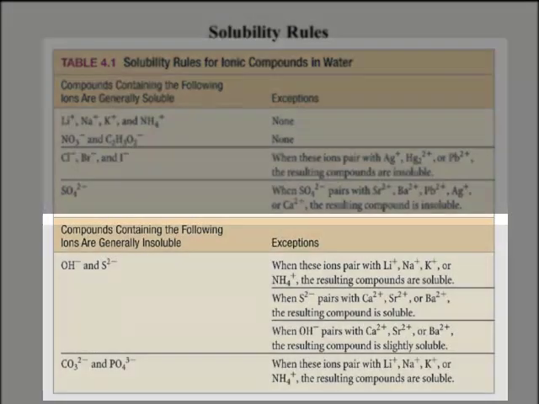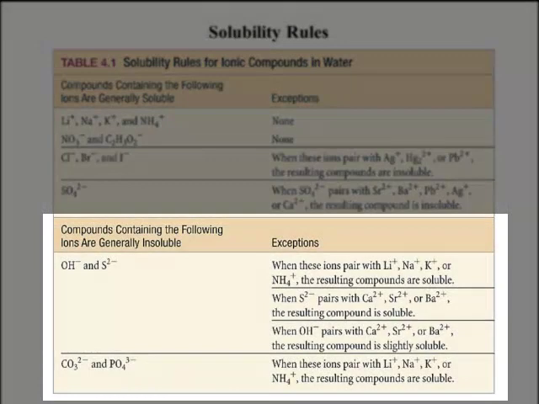When we go to the bottom half of this table, those concepts kind of switch. Okay, so now on the left-hand side, anything that combines with those ions is going to be insoluble. They're going to form solids. The exceptions are going to be soluble. Okay, so hydroxides and sulfides, those are going to be insoluble compounds.